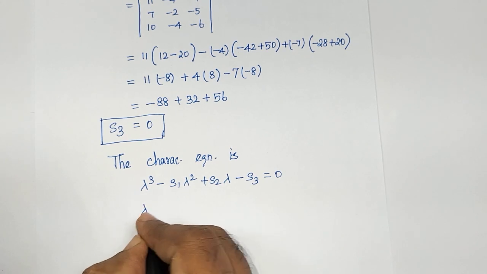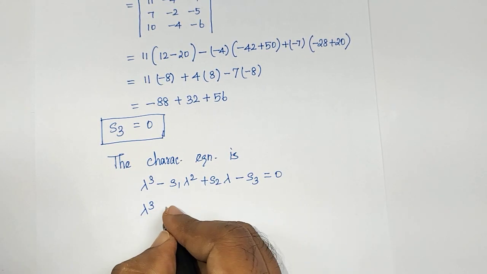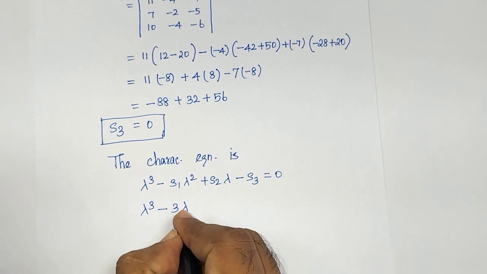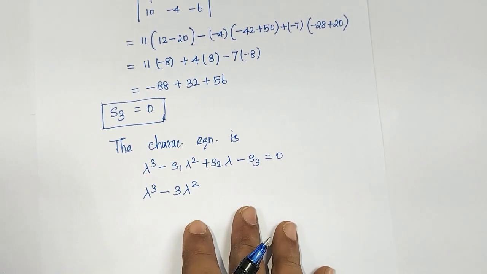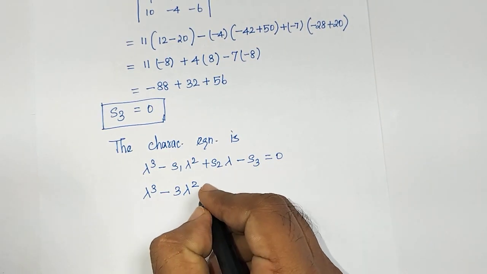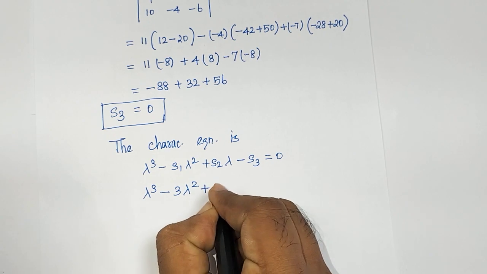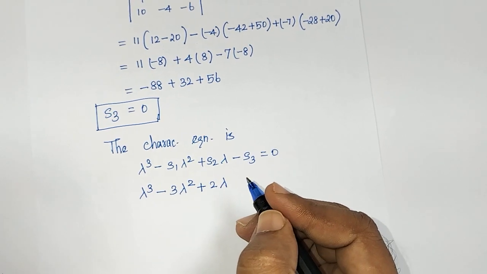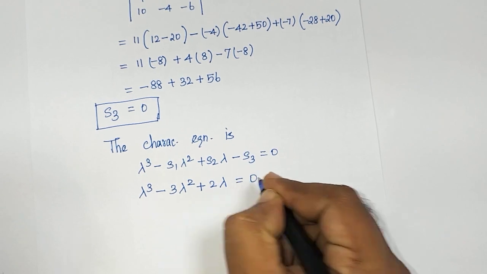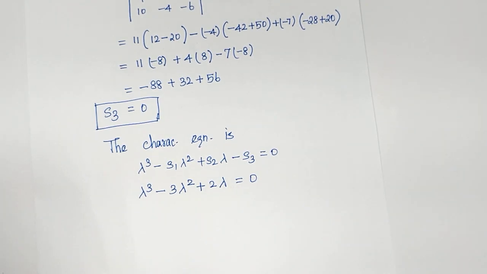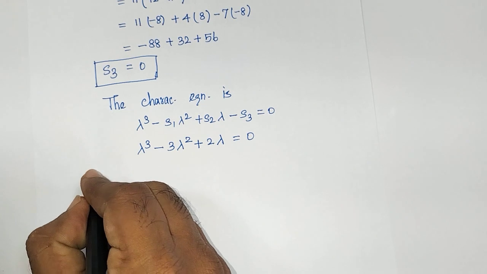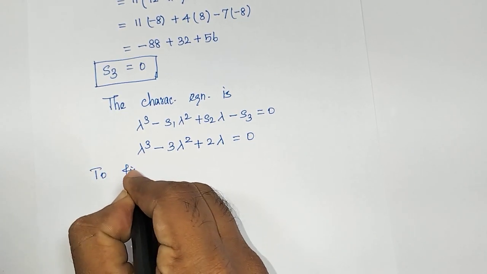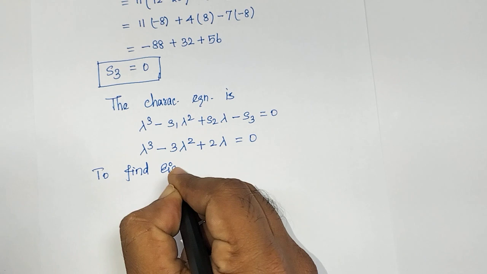S1 is 3, so minus 3 lambda square, and S2 is 2, so we can write plus 2 lambda, and S3 is 0. So you will get lambda cube minus 3 lambda square plus 2 lambda equal to 0. This is your characteristic equation. Then we have to find the eigenvalues.